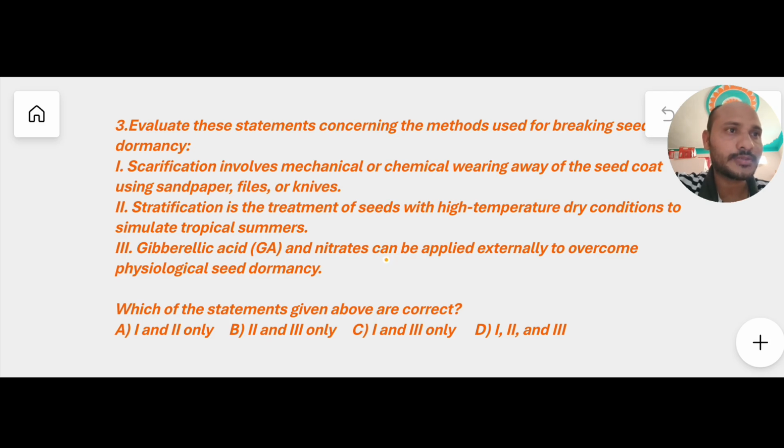This MCQ is framed completely on how to overcome or break seed dormancy. Read these three statements asking about scarification and stratification methods, which we already discussed just now, and answer which of the statements given above are correct. So these are the three highly important MCQs.